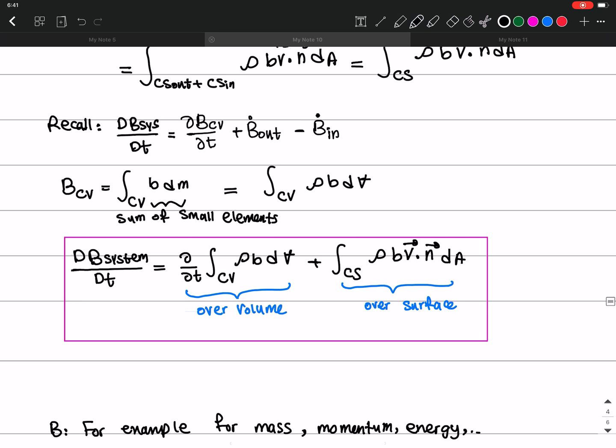So you might hear that later if you do advanced fluid mechanics, but I just wanted to give you an idea. This is coming from the same principle that you have learned so far, which is this Reynolds transport theorem.